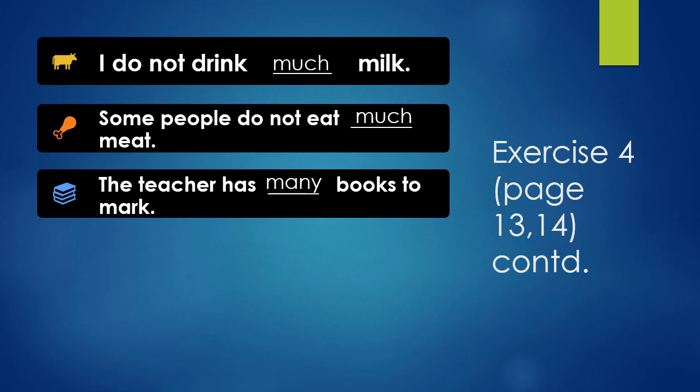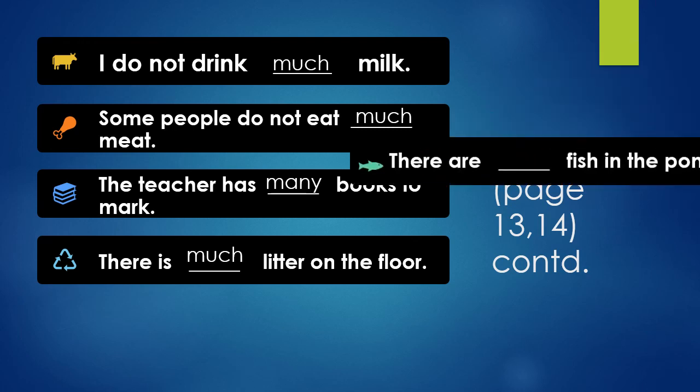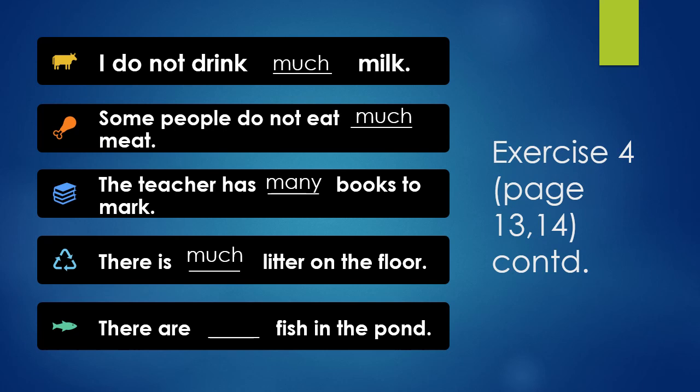Next is, there is dash litter on the floor. There is much litter on the floor. Next is there are dash fish in the pond. What comes here? Many. There are many fish in the pond.